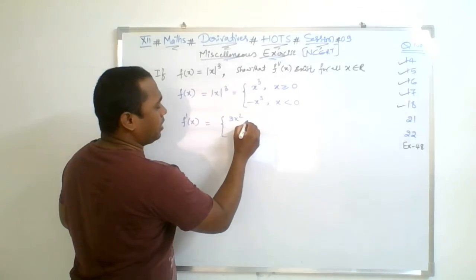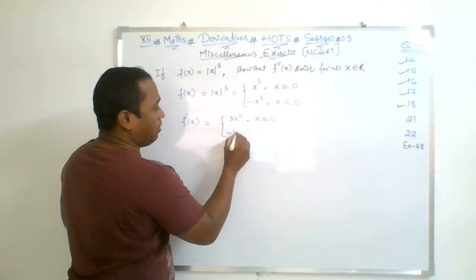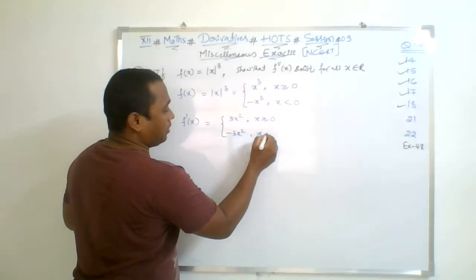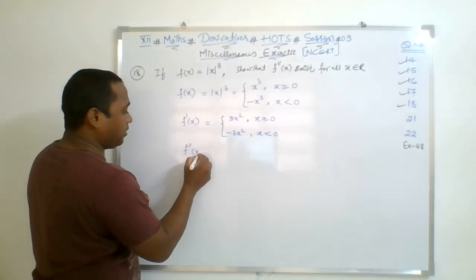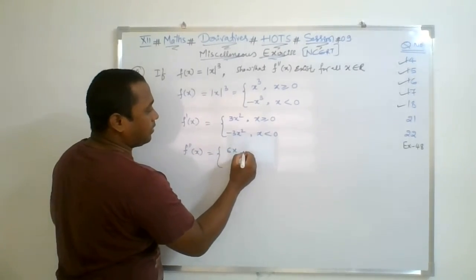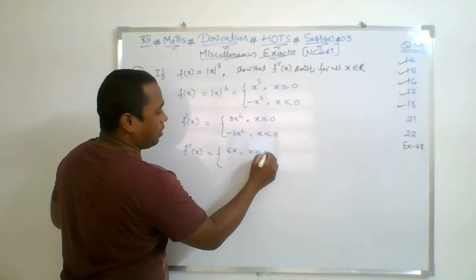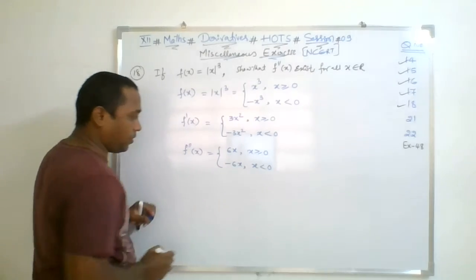It will be 3x² when x is greater than or equal to 0, minus 3x² when x is less than 0. Now simply f''(x), the derivative of this function, becomes 6x when x is greater than or equal to 0, minus 6x where x is less than 0.